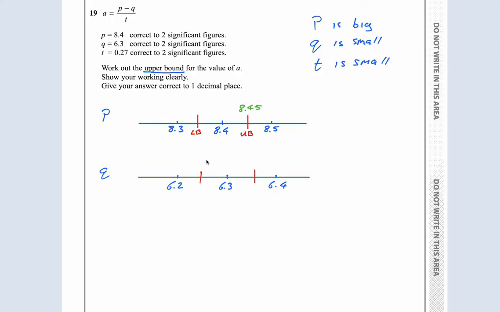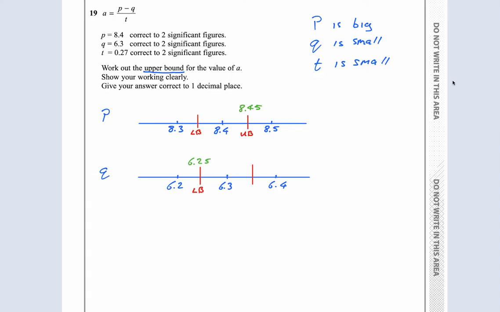Now, do I want Q to be big or do I want Q to be small? Well, we decided I want Q to be small. So I'm going to use the lower bound for Q, halfway between 6.2 and 6.3, which is 6.25.